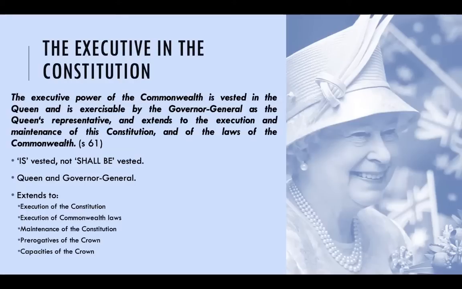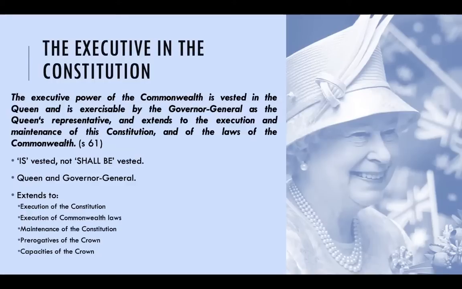The fourth aspect that I want to highlight now, which is also in your slides there, is the expression that says extends to. The text says that the executive power extends to the execution and maintenance of the Constitution and the execution and maintenance of the laws of the Commonwealth. It does not go beyond that expression.